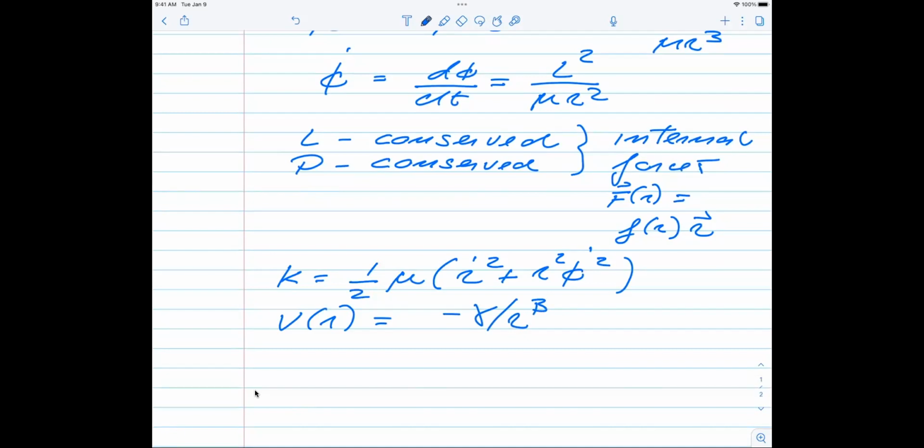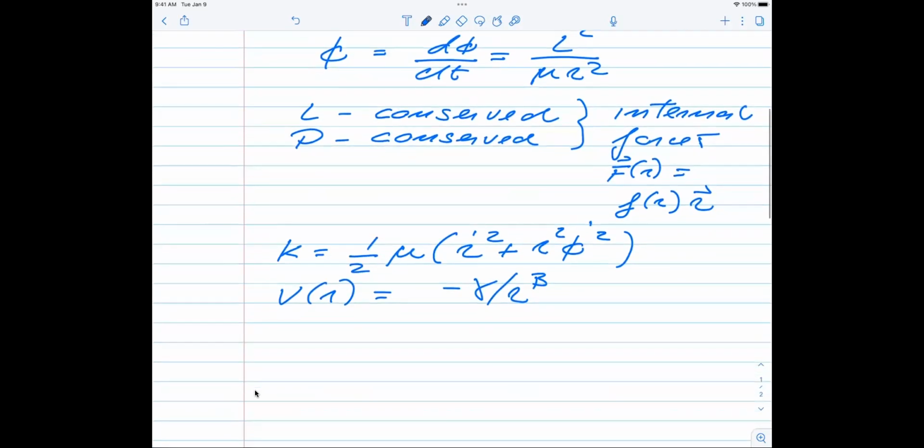When we have the gravitational force, beta is equal to 1. And then we defined an effective potential, which is simply V of r plus this term, which goes like L squared divided by 2 mu r squared.